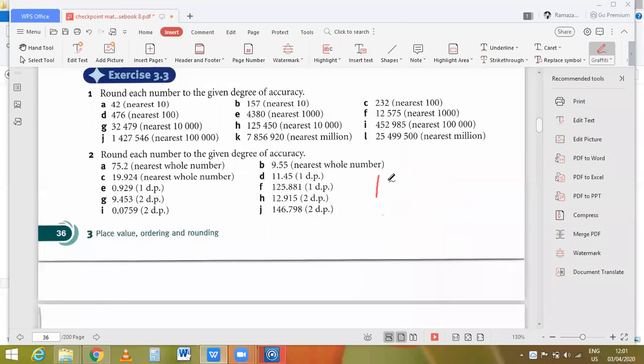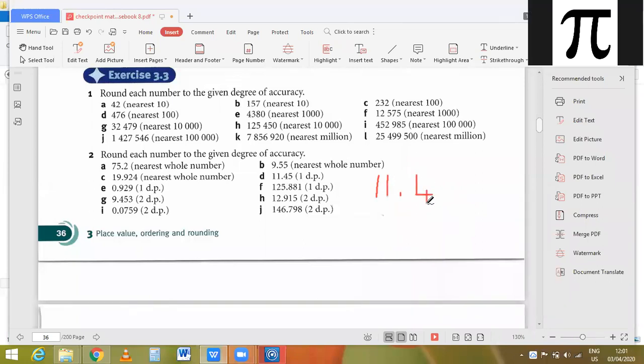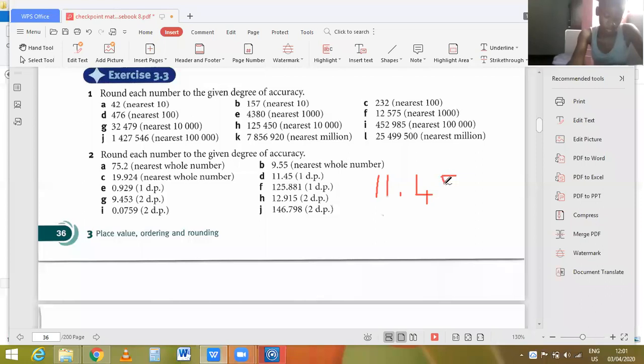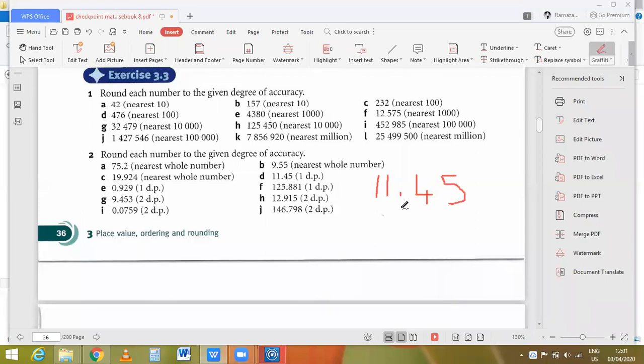11 point D, we are talking about the D now. 11.45. What does it mean? There's 1dp. It means the first decimal place. So which one is the first decimal place here? After this decimal point, this is our first decimal place.